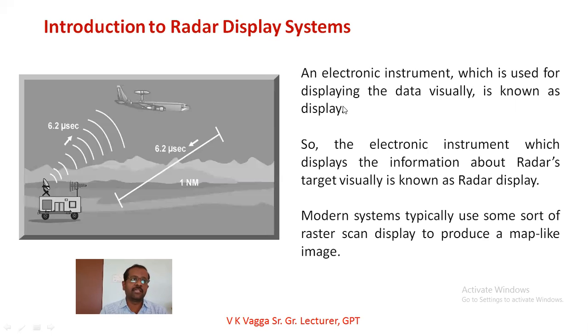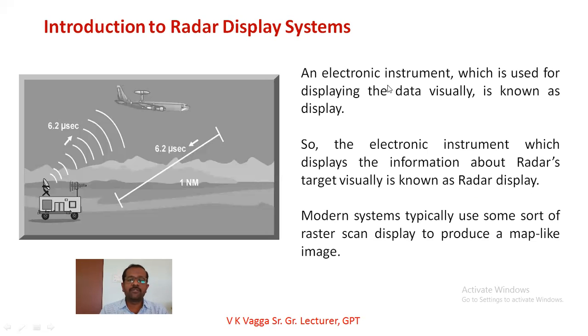If it is represented in terms of numerics, or symbols, or diagrams, or graphics, or waveforms, which you can see visually with the eyes, it is called a display system. So the electronic instrument which displays the information about the radar and the target visually is known as the radar display.